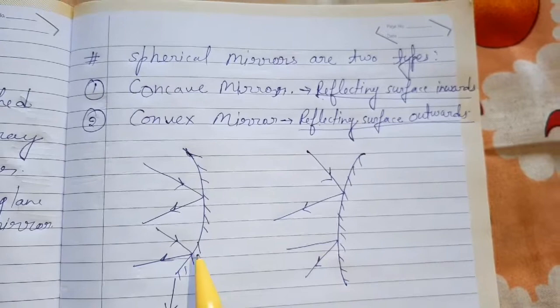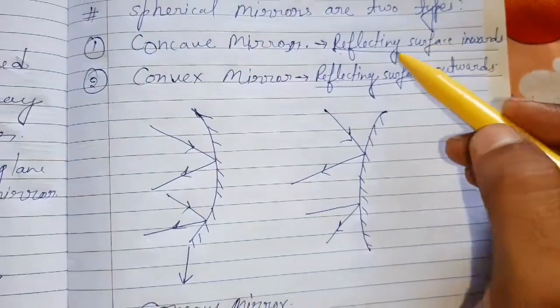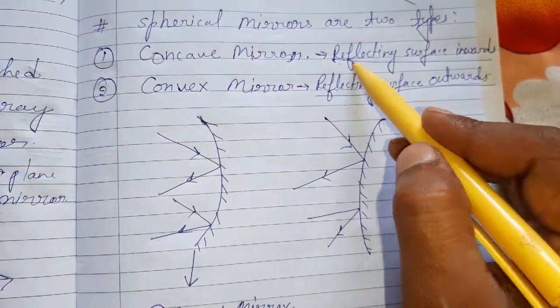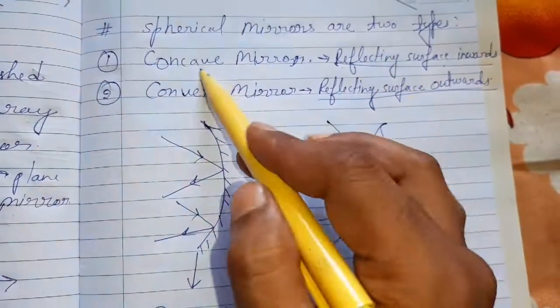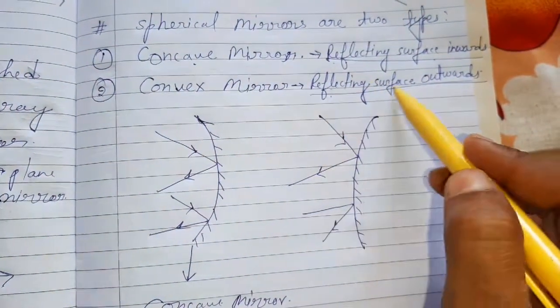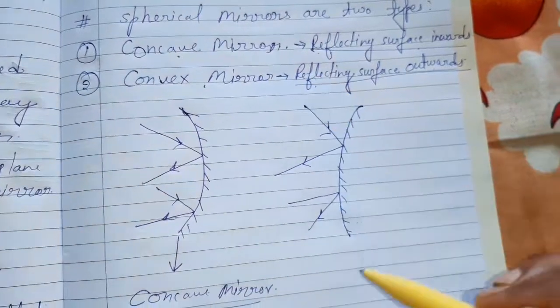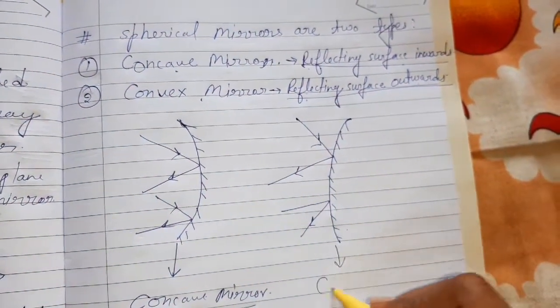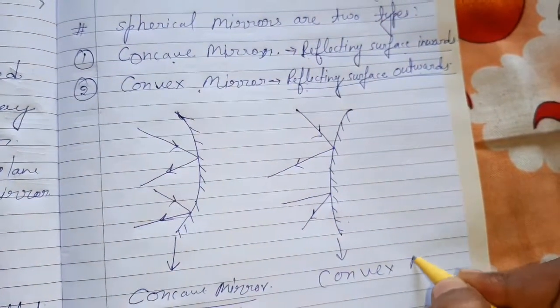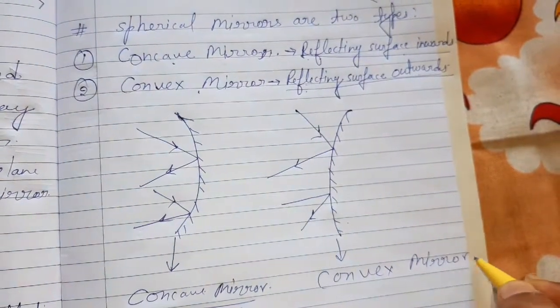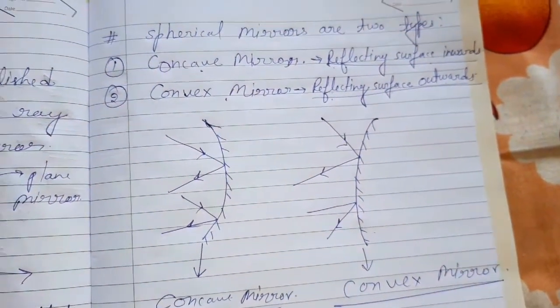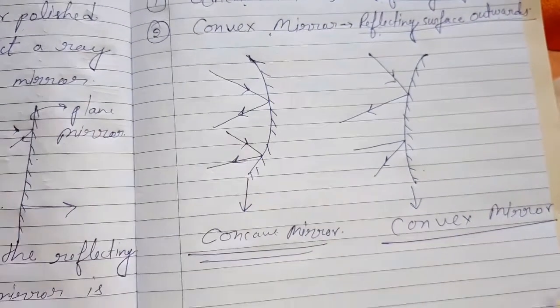Students, the reflecting surface is inward in the case of a concave mirror and outward in the case of a convex mirror. So this is the example of a convex mirror.